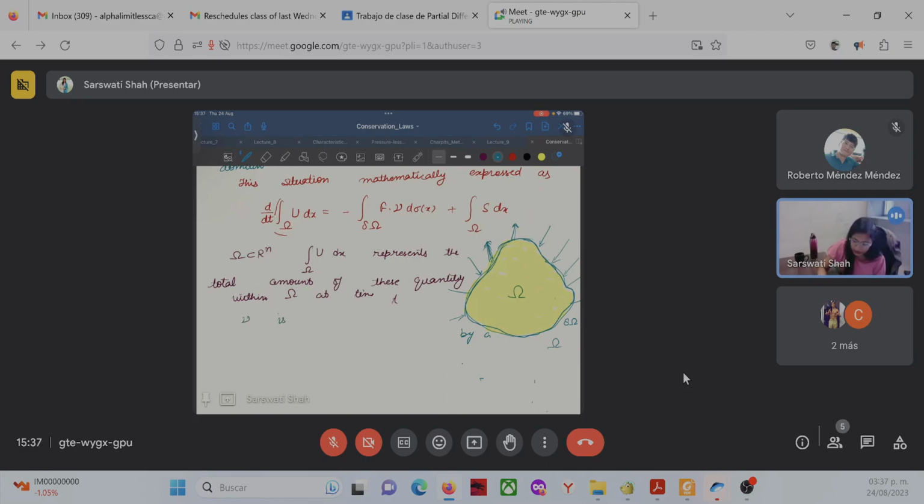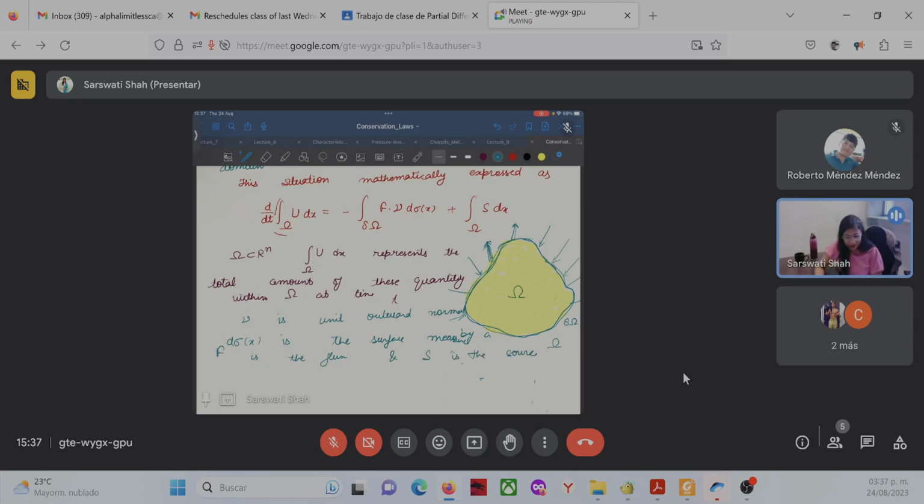Nu is the unit outward normal, d sigma x is the surface measure, f is the flux, and s is the source term.